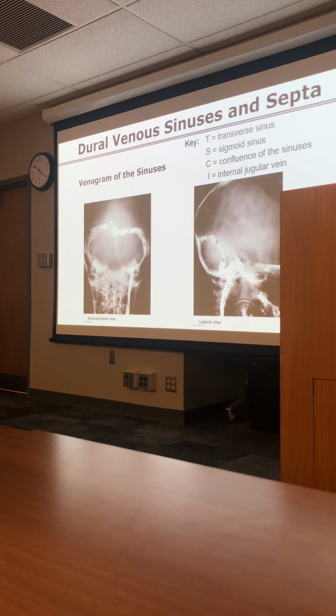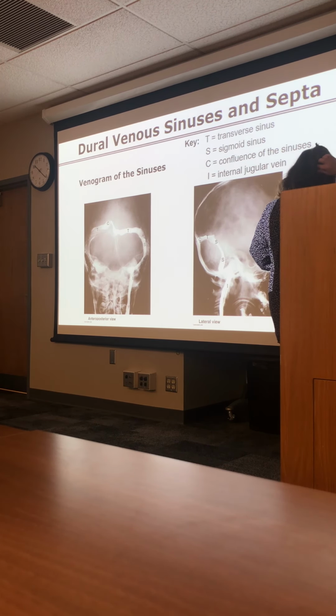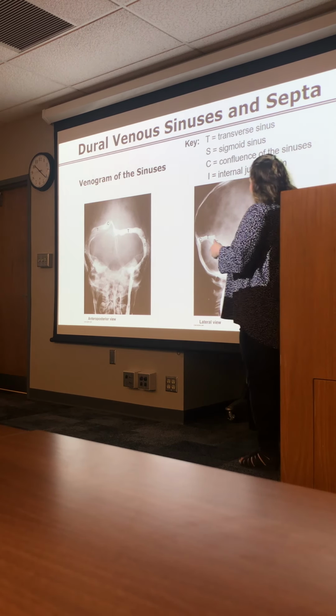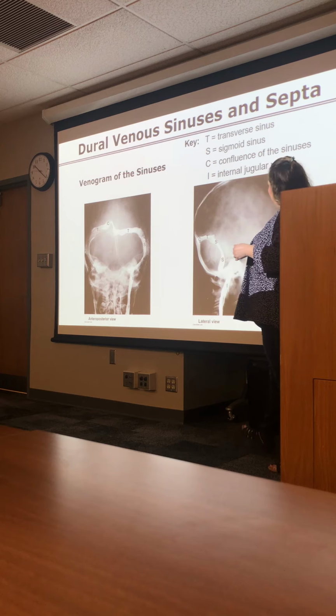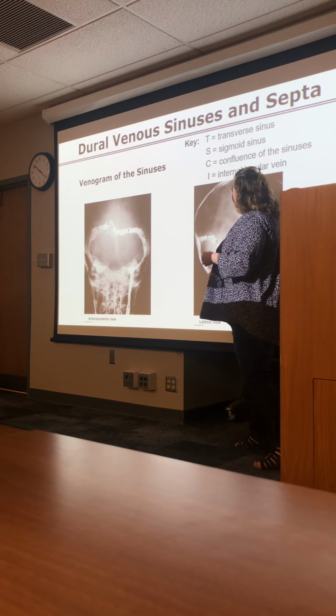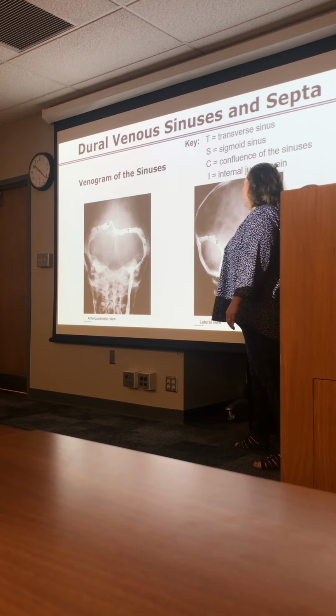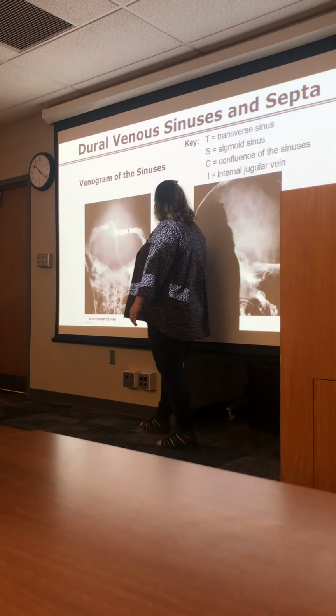So this is a venogram of the sinuses, and you can look for different structures based on where you would think they would be located. We know the confluence of the sinuses is going to be right in this area near the external occipital protuberance. This is the posterior portion of the head, this is anterior, this is a sagittal or lateral view, and this is an anterior posterior view.